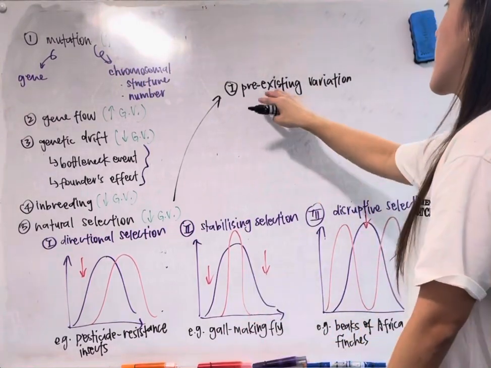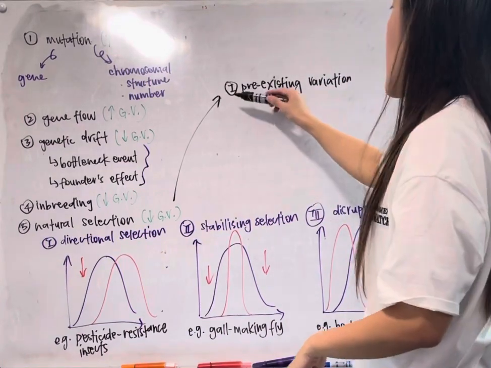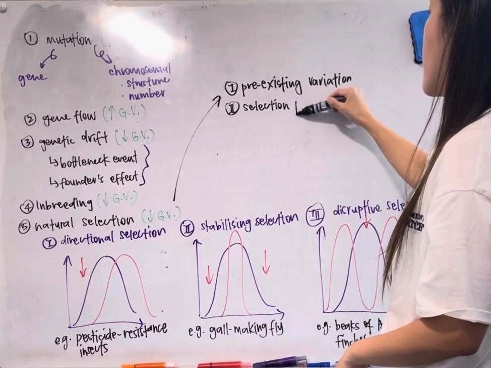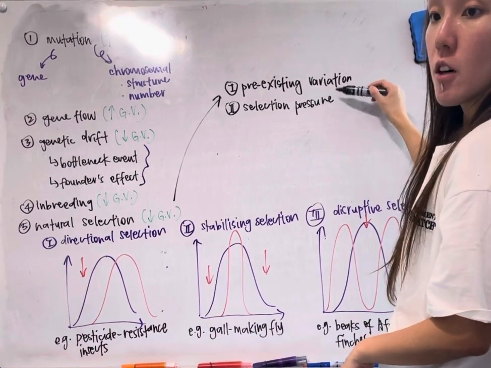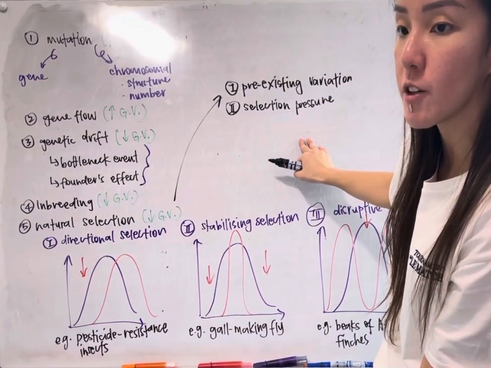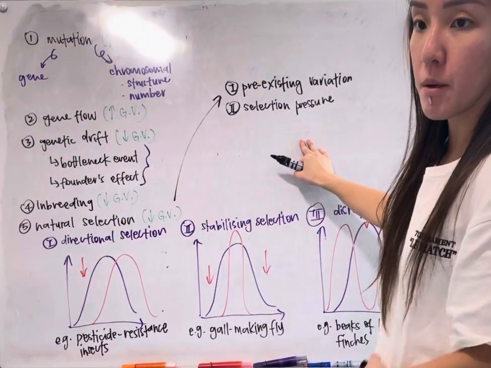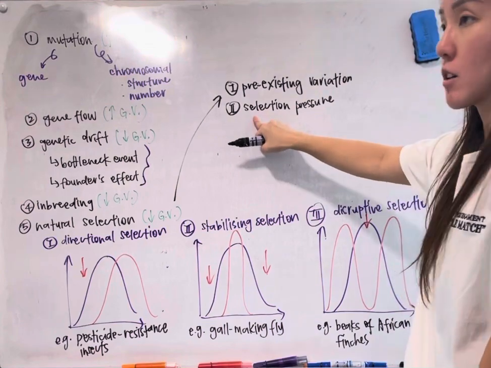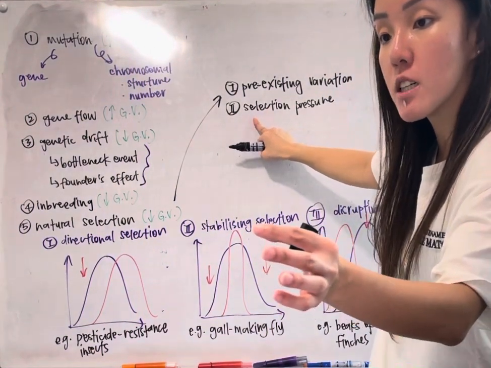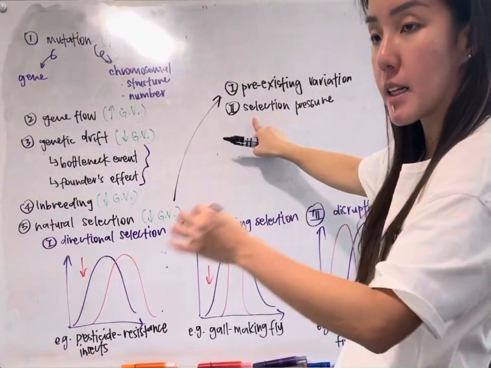So that's why you're trying to show I already have variation, that's why the variation decreased. Second thing, you must tell me the presence of a selection pressure from environmental factors. They serve as selective agents that will select for individuals with variation. They allow them to outcompete others in the population. So that's why you need to talk about selection pressure. I repeat, you have to specify how the selection pressure will select for individuals within the variation and will cause them to outcompete others.